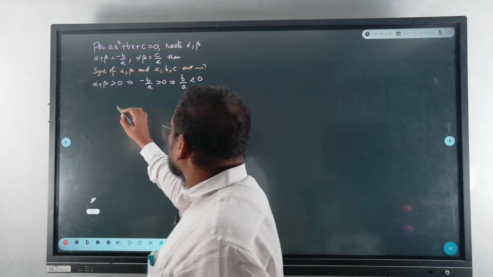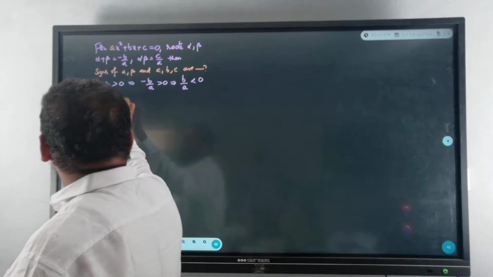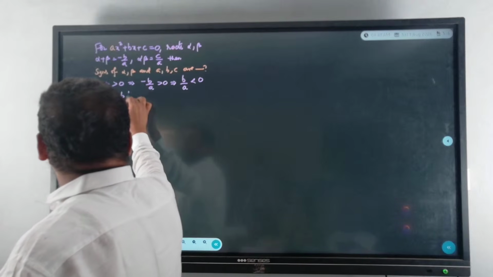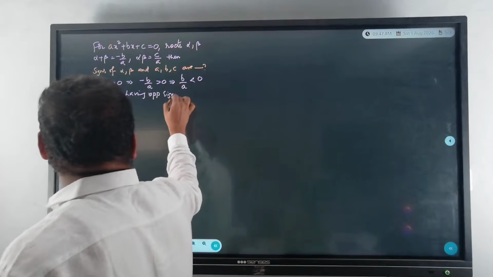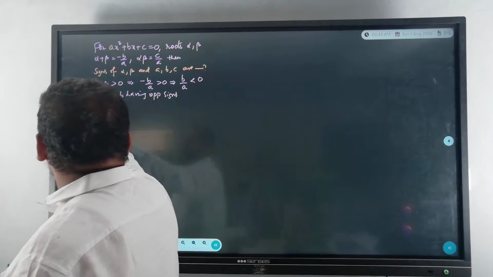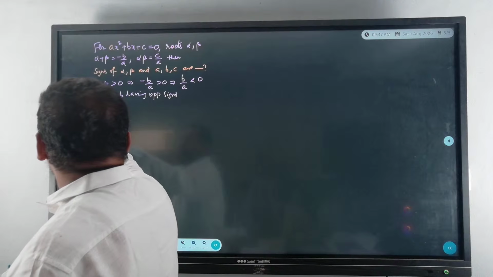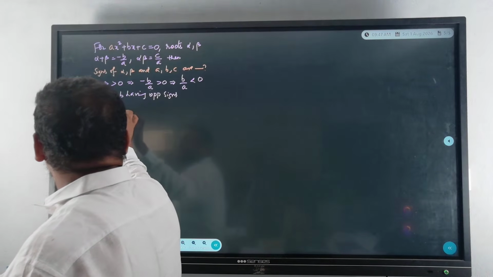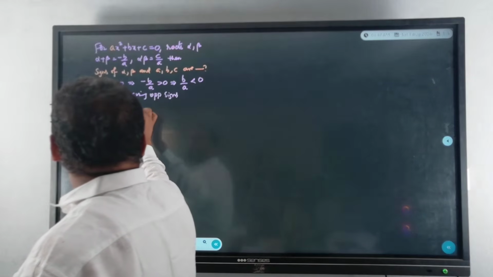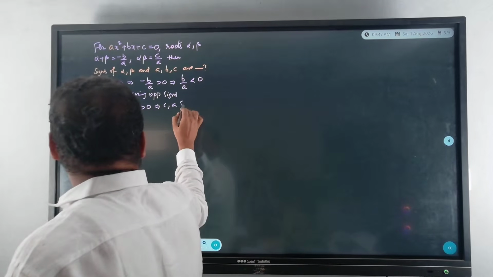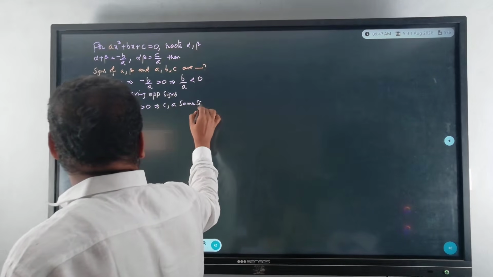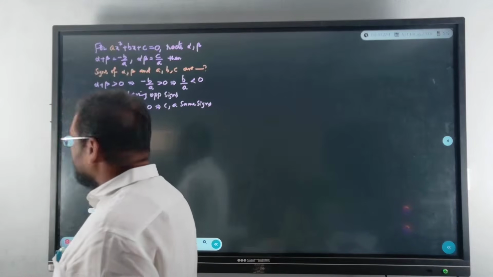Less than 0. So a, b having opposite signs. Alpha beta greater than 0, then c by a greater than 0, c comma a same signs.